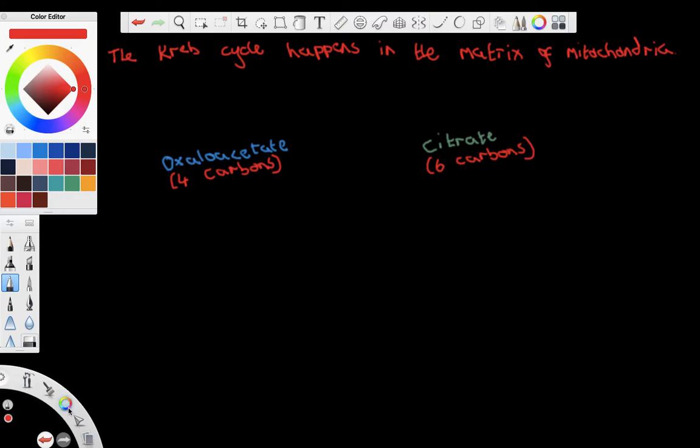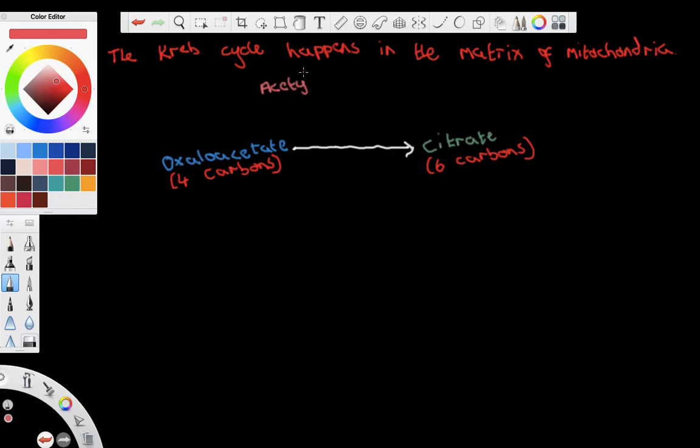Now, oxaloacetate becomes citrate by adding a molecule of acetyl coenzyme A. So our acetyl coenzyme A is fed into the Krebs cycle here.